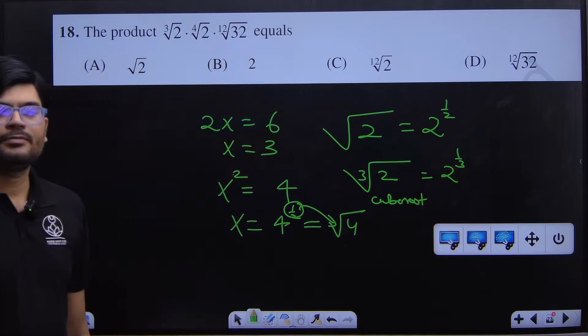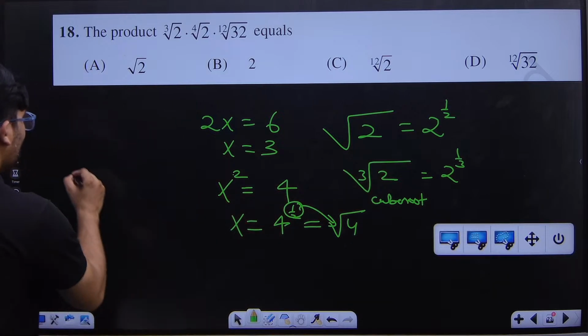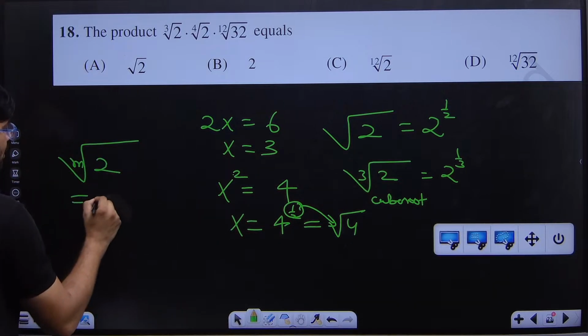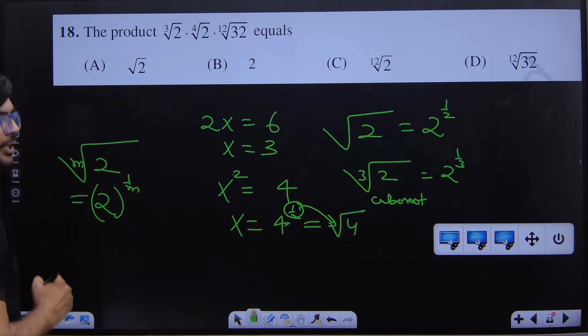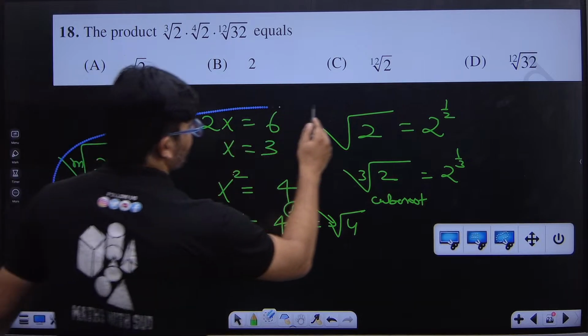Are you getting it? If I write mth root of 2, it will be written as 2 to the power 1 by m. Are you getting it? Okay. Now here is a question in front of us.